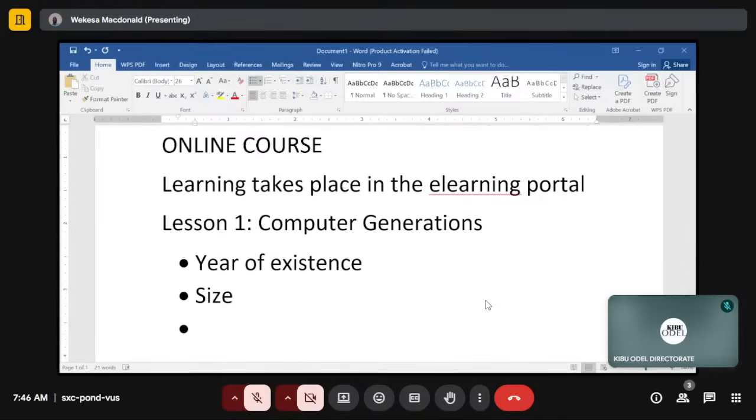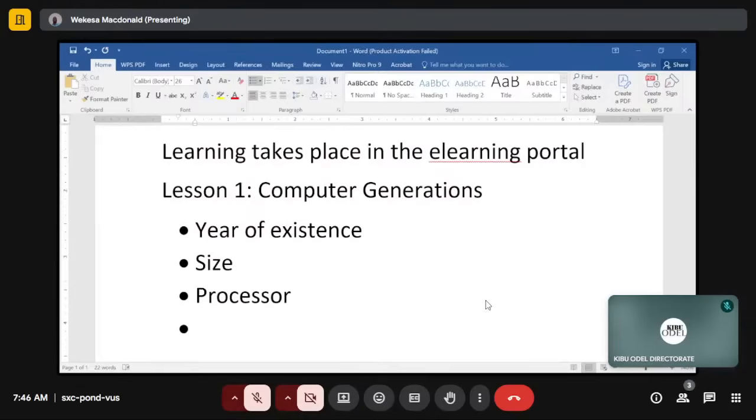Also, you are supposed to mention what processor was used. You have seen that the first generation were using vacuum tubes, right? Also, mention the language this generation was using.